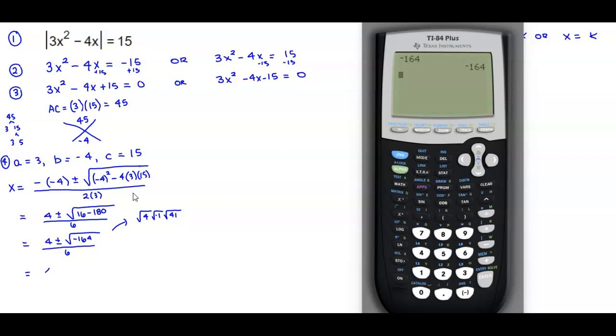So therefore this is going to be 4 plus or minus the square root of 4, which is 2, the square root of negative 1 is i, times the square root of 41, over 6. And if we simplify this, we know that 4, 6, and 2 all have a 2 in common. So this is going to be 2 plus or minus i times the square root of 41 over 3. So that's the first part of our solutions.